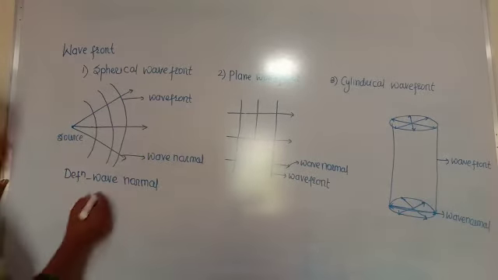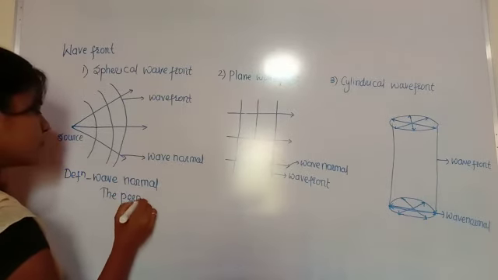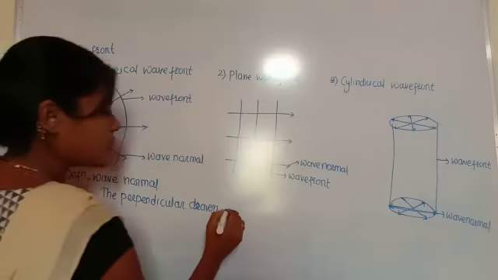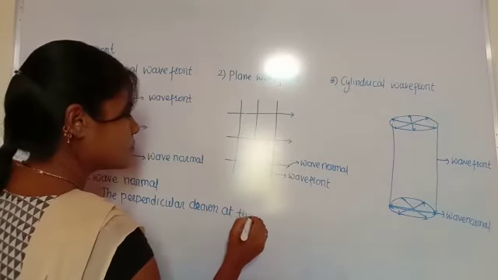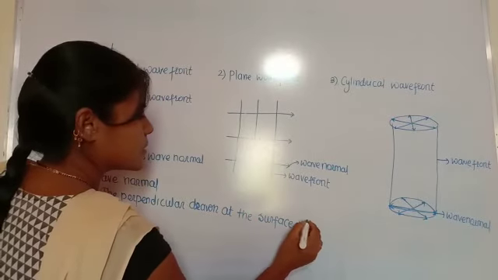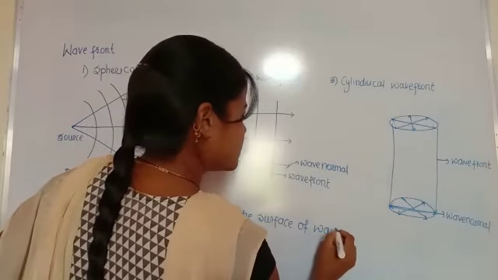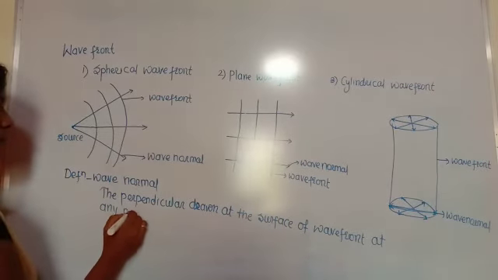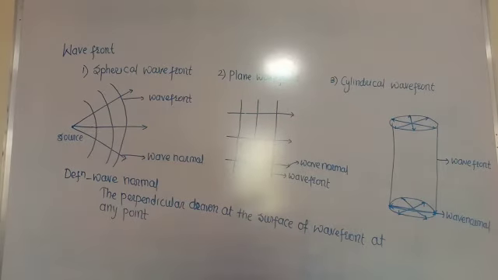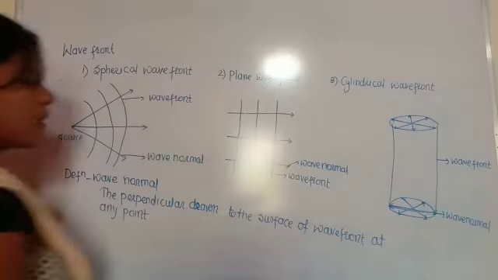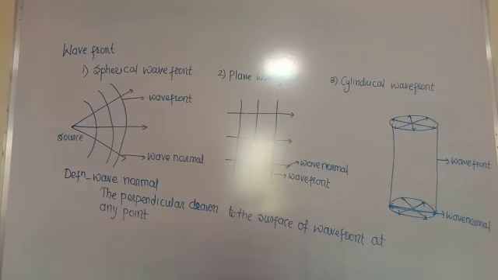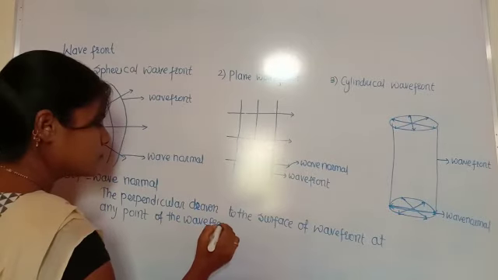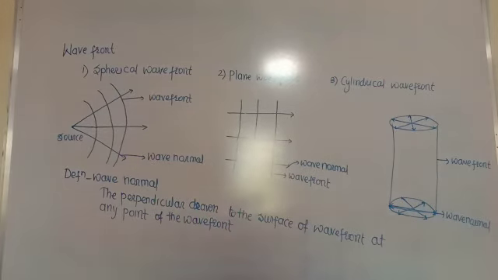Means the perpendicular drawn to the surface of the wavefront at any point of the wavefront in the direction of propagation of the light wave.